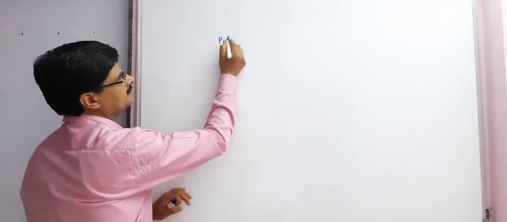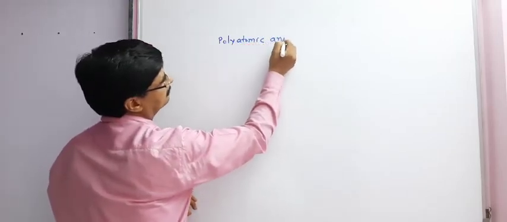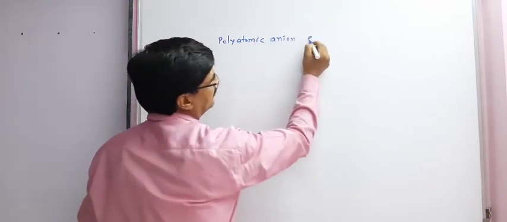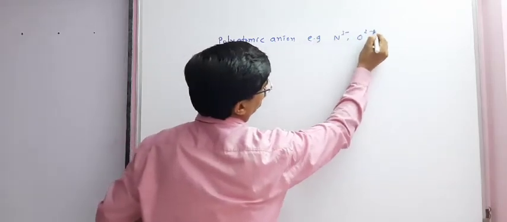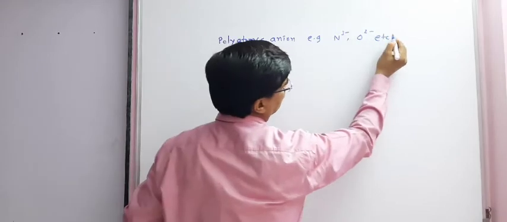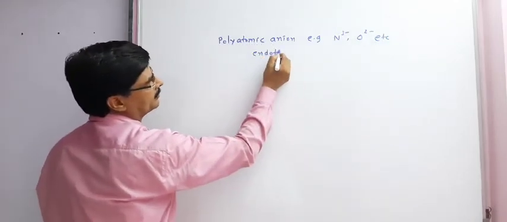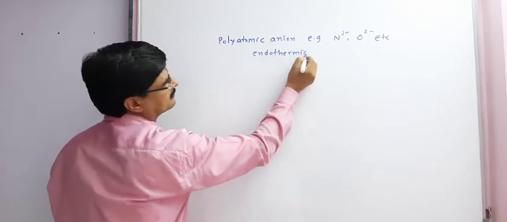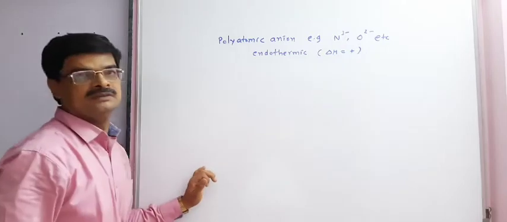For polyatomic anions like N3 minus, O2 minus, etc., the process is endothermic. Delta H is positive.